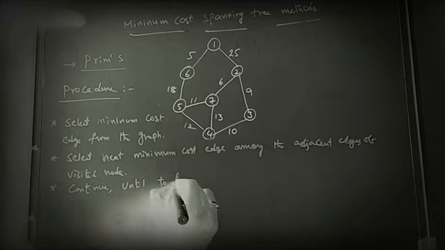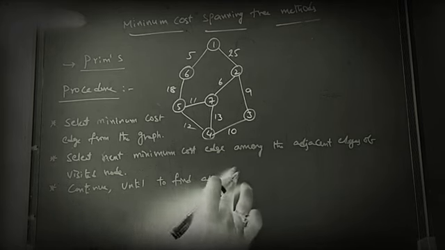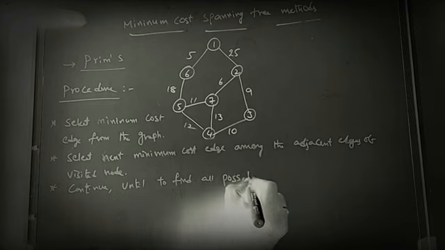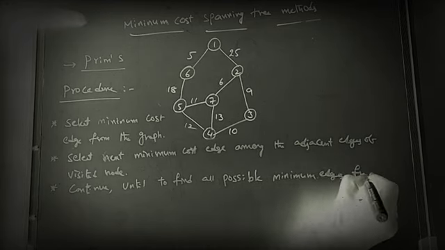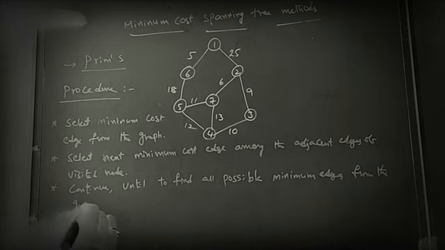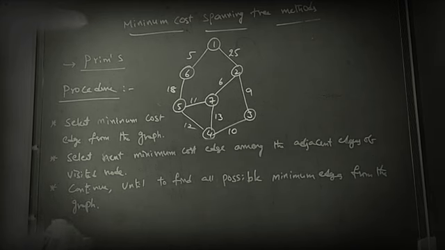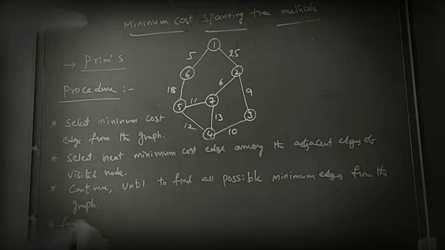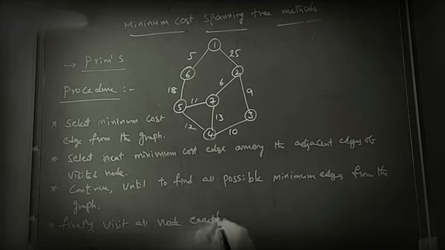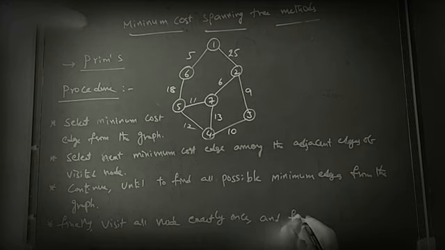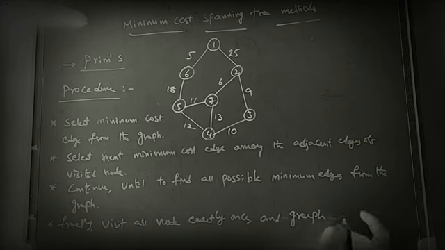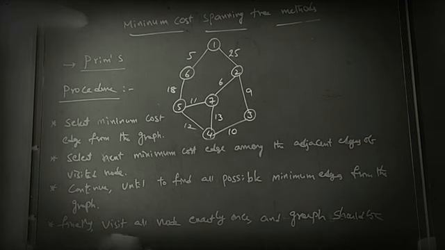until we find all possible minimum edges from the graph, and finally visit all nodes exactly once, and the graph should be loop free.